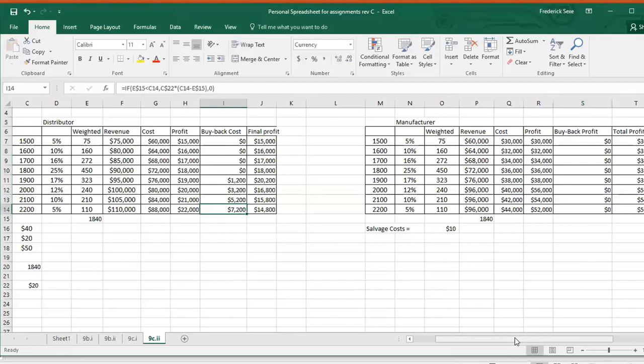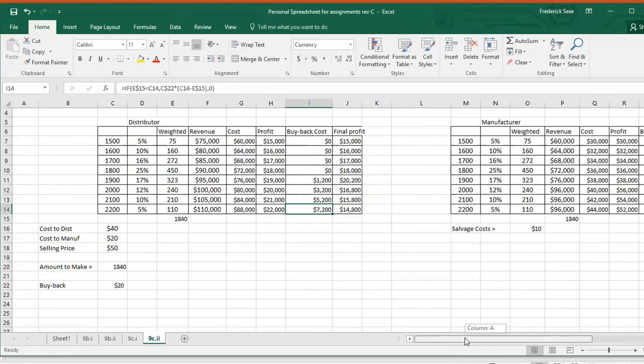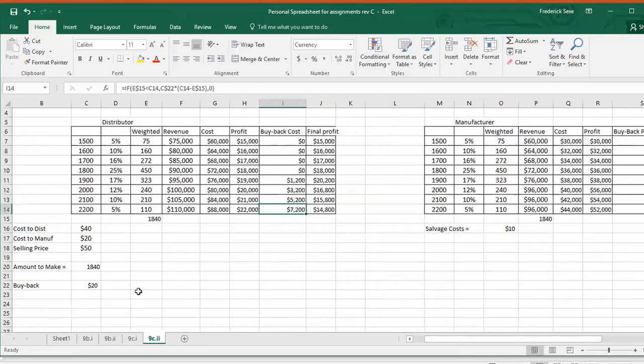So the distributor is going to try to find a cost-sharing strategy in which they shift some of the manufacturer's risk over to the distributor. So in this case, we're going to use a buyback.